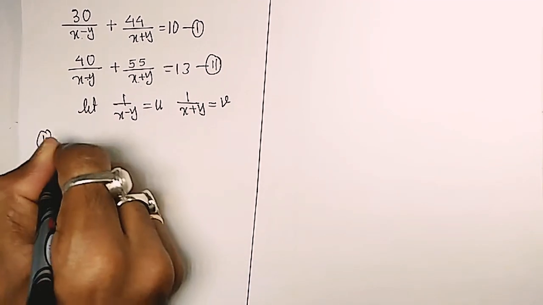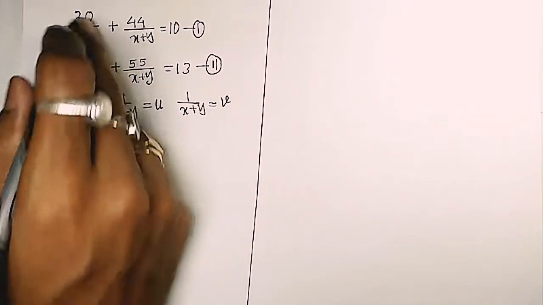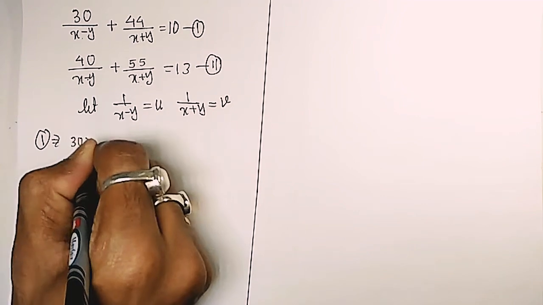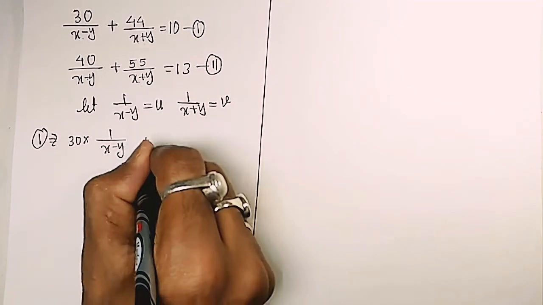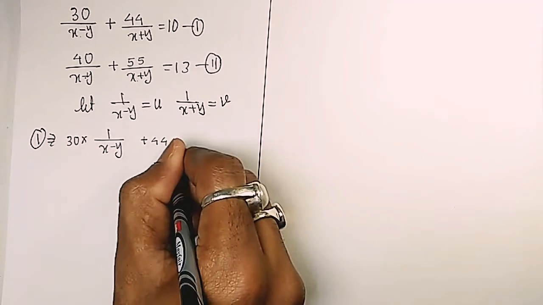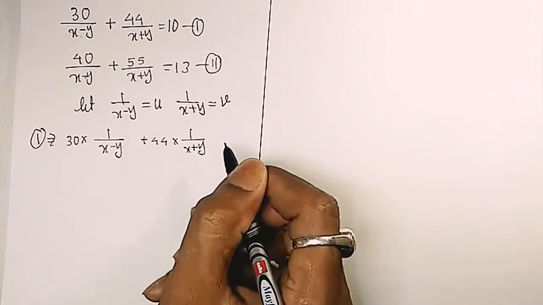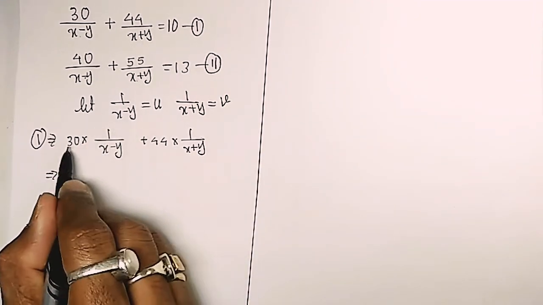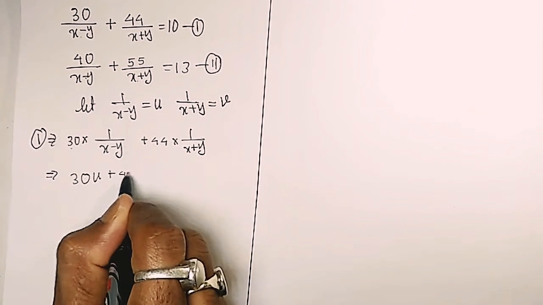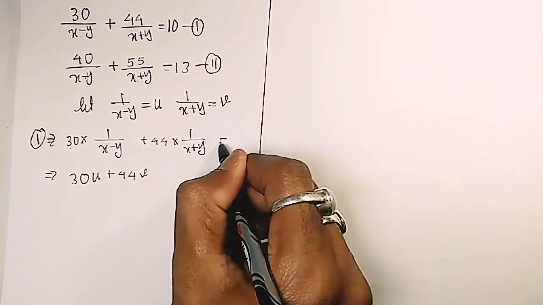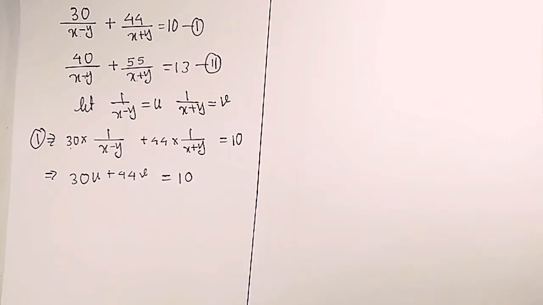Now equation 1: if 1 by x minus y is u, then 30 means 30 into 1 by x minus y, and 44 into 1 by x plus y. So 30u plus 44v equals 10.